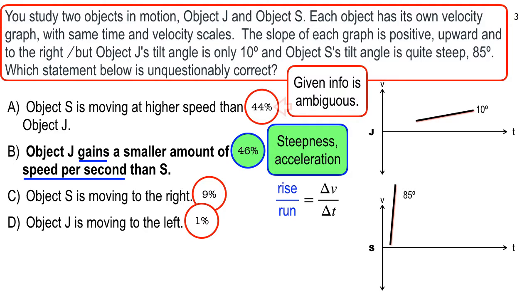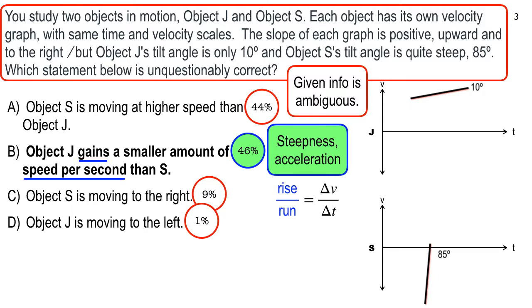So option A, and then option C and option D are a little bit ambiguous. And here's why. You don't know if you have this for your velocity graph for S, or maybe this for your velocity graph for J.